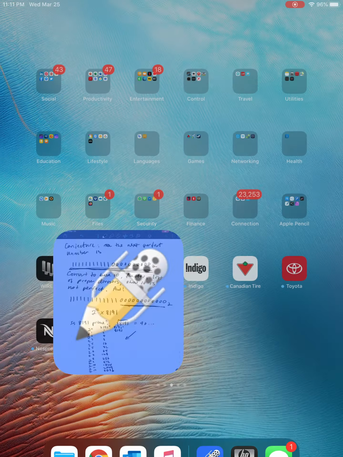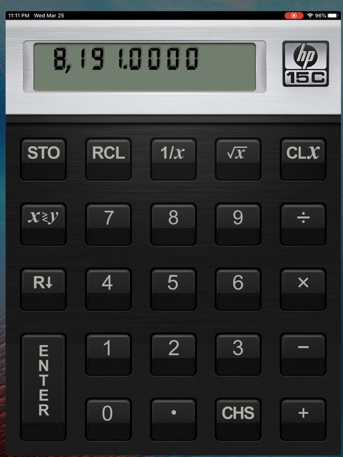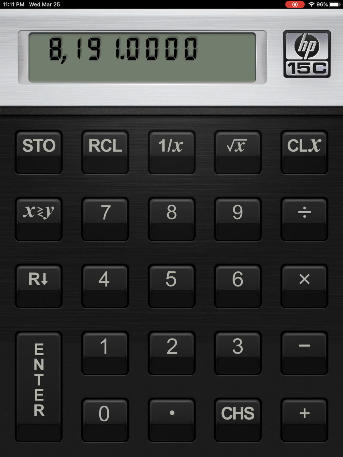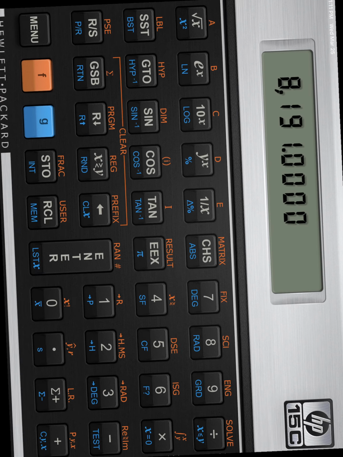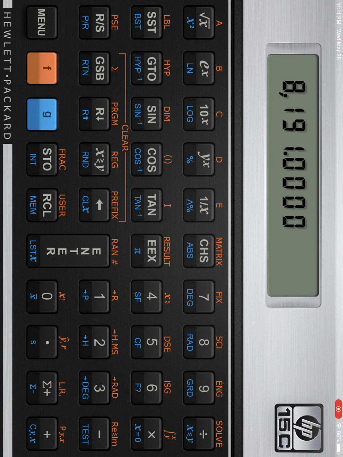Let me pull up my reverse Polish notation calculator, and I'll show you how easy it is. So 8191. I'm going to put a whole bunch of 2's in my calculator.